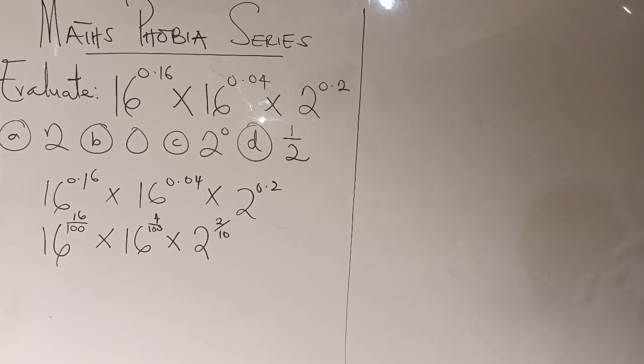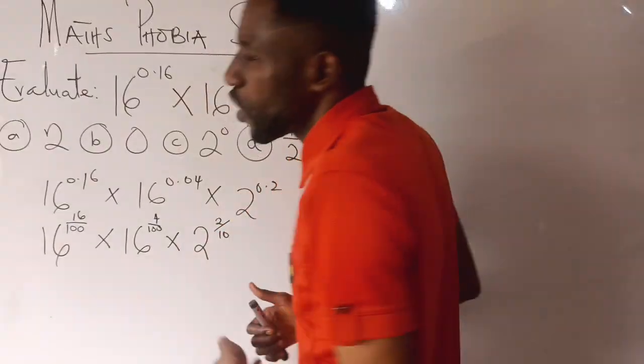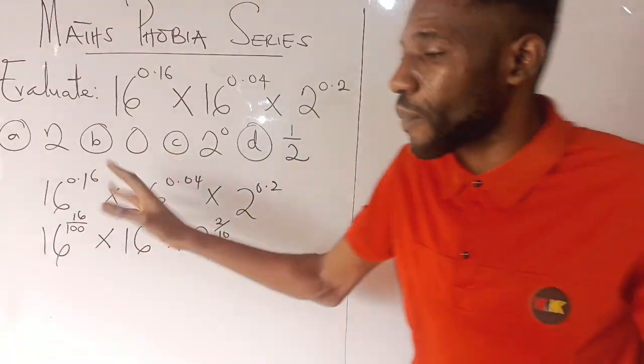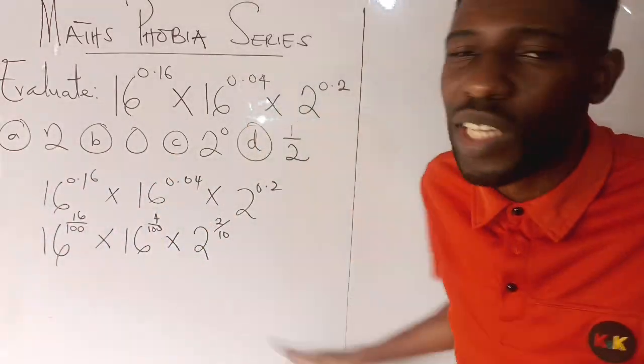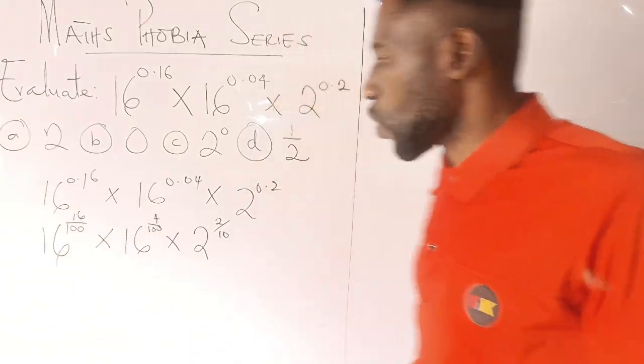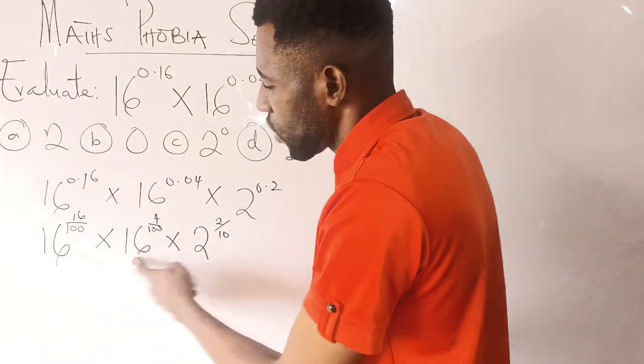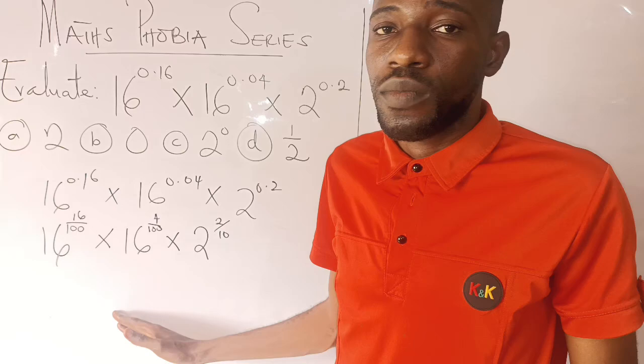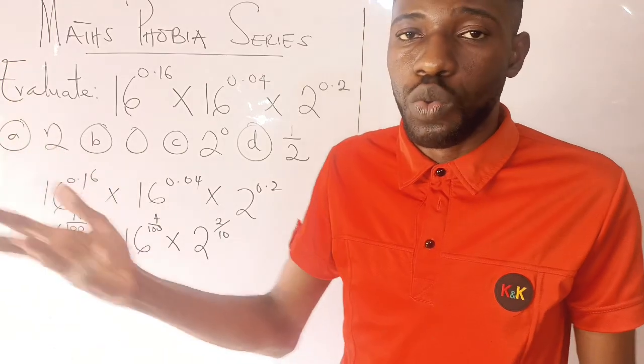Now, what do we do next from here? We look at the base. For the multiplicative law of indices to work in this question, we must have the same base for all numbers. So we have 2, 16, 16. What is the next thing to do? Reduce this 16 using 2 as a factor.